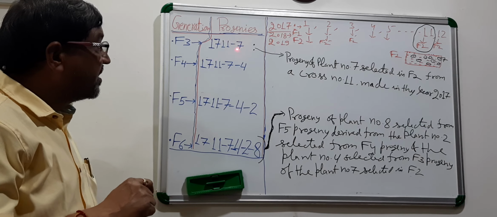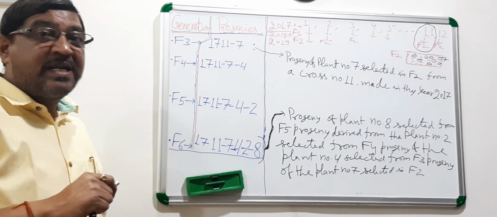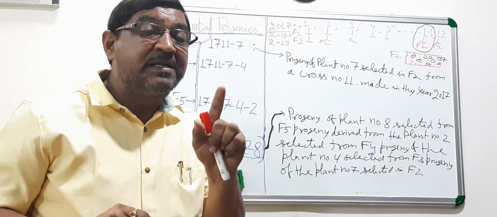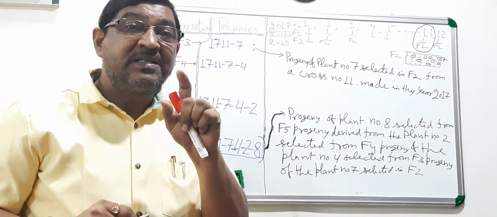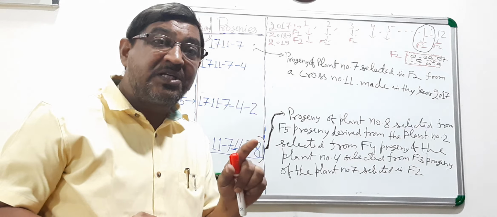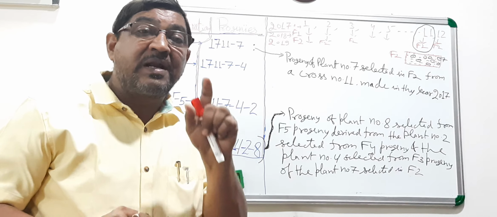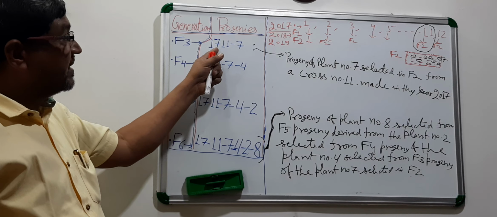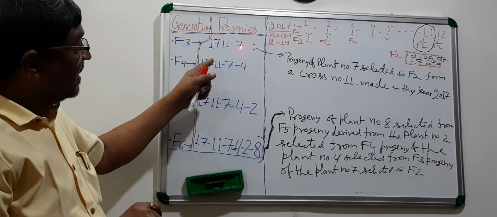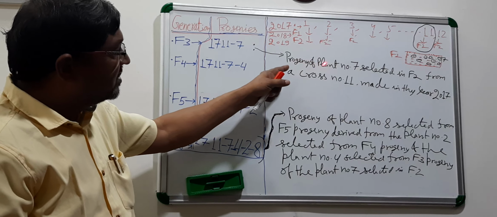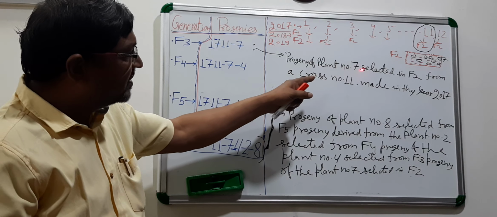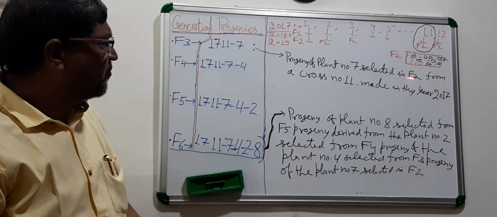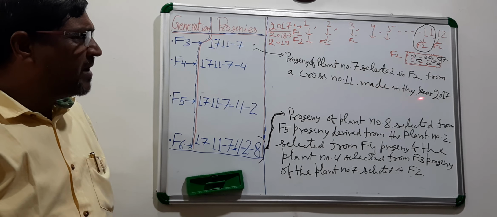And the next, -7, means the progeny of plant number 7 selected in F2 generation of cross number 11 made in the year 2017.